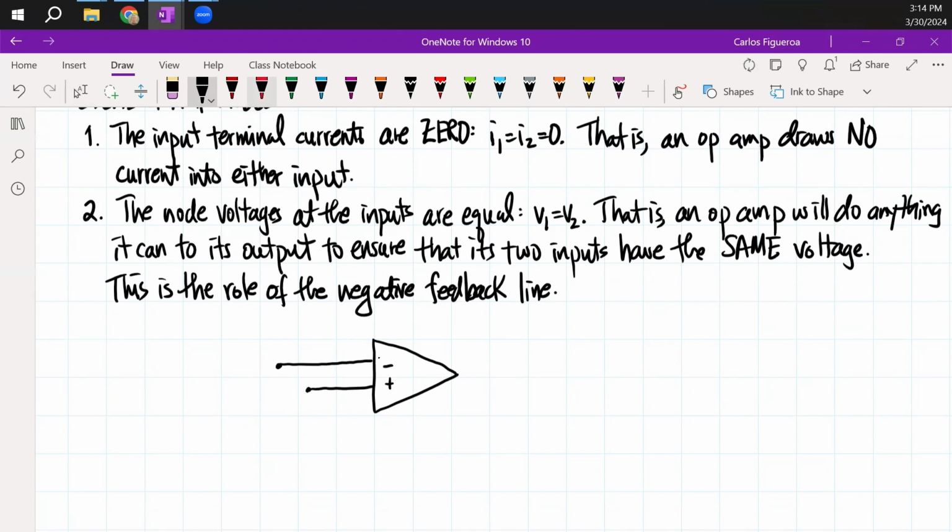First, either of these terminals, remember this is terminal V1, has no current flowing into that node, just like this one has no current flowing into that wire. Second, V1 and V2 must be exactly the same.